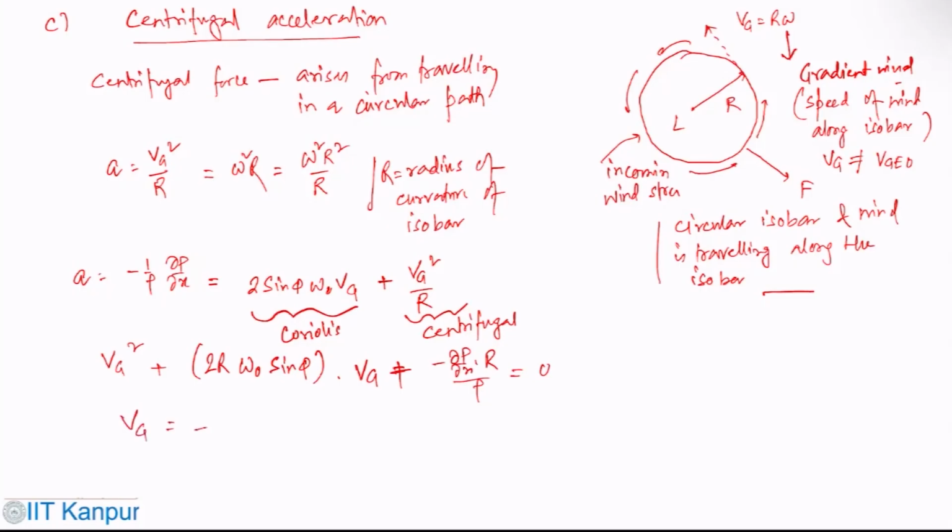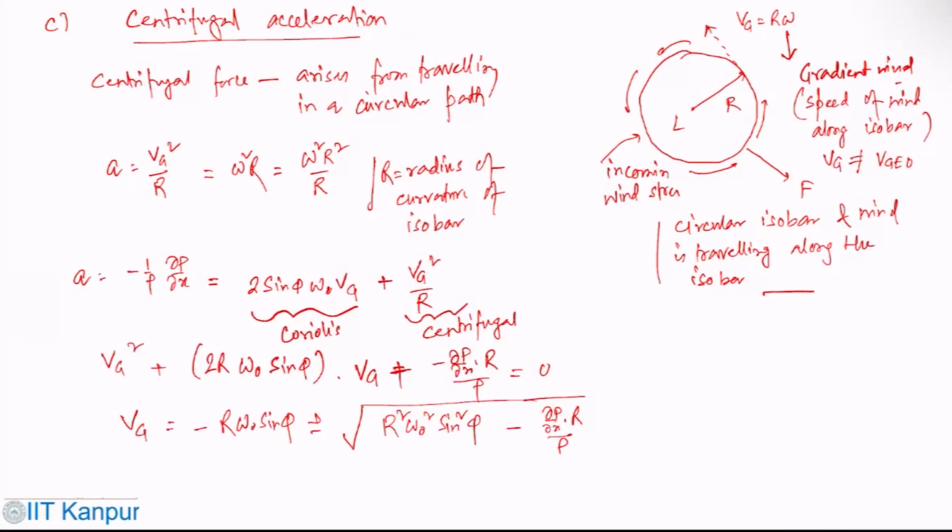So we get Vg equals minus R omega naught sin phi plus minus the square root of R square omega naught square sin square phi minus del p del x by R by rho. So here one has to note, Vg is less than Vgo.